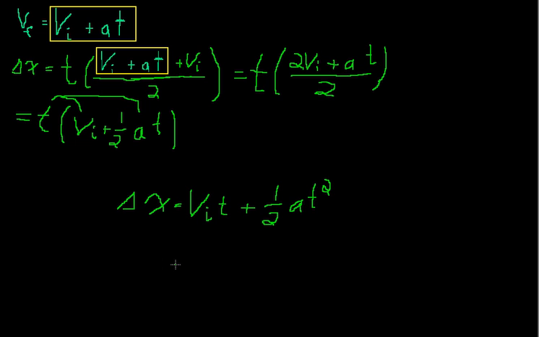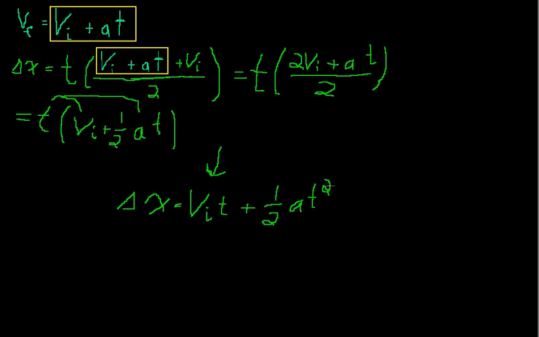So the distance that you travel, kind of look at it like this. This is how far you'd travel if you were just going at that initial speed, right? Because it's the initial speed that you're moving times however long you're moving for. That's how far you would travel if it weren't for the acceleration. And then this might not be quite so obvious, but basically you can think of a times t as how much you're changing your speed.